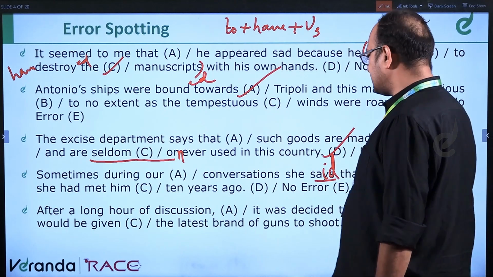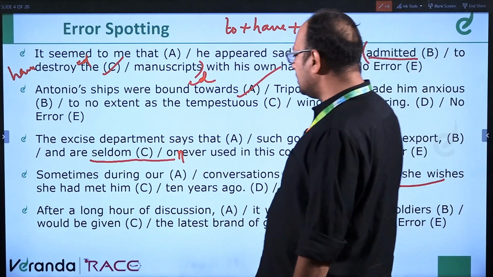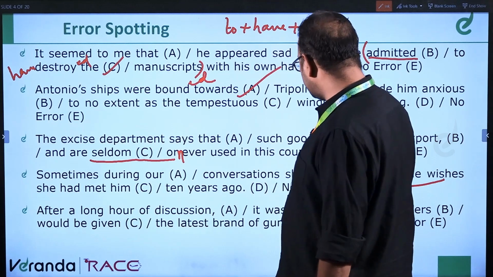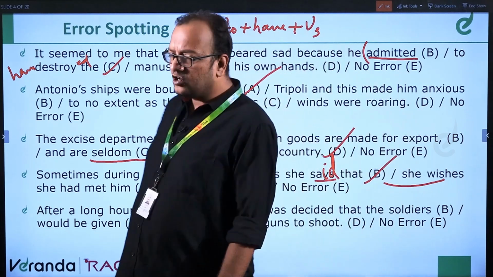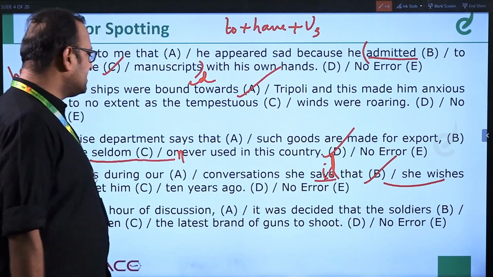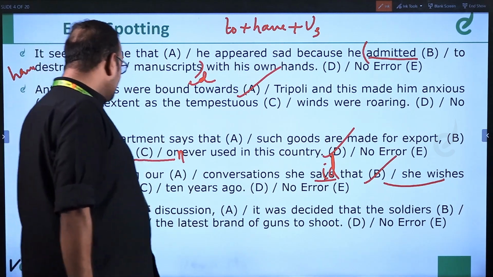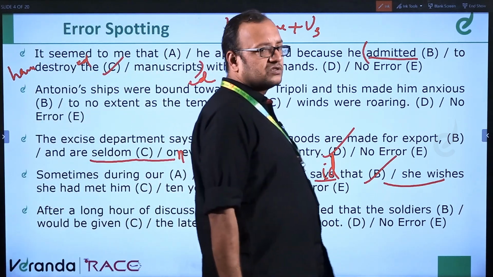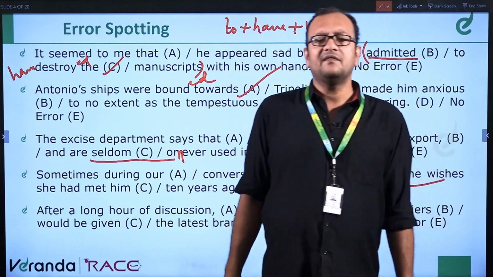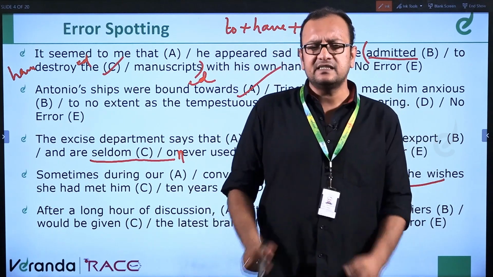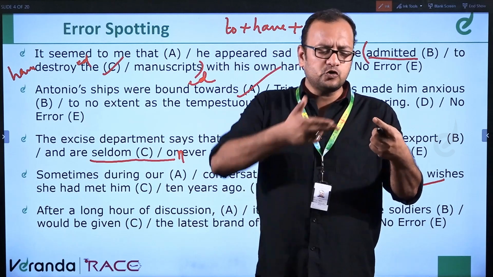After a long hour of discussion, it was decided that the soldiers would be given the latest brand of guns to shoot. See, if I say, I will give you a gun to shoot, it means if this is the gun and you have to shoot this gun.